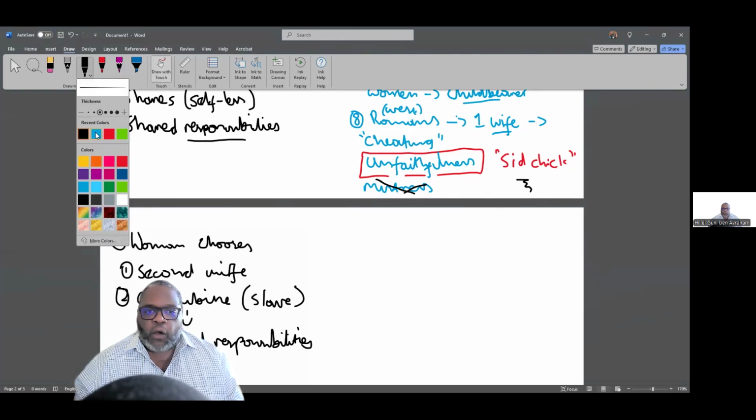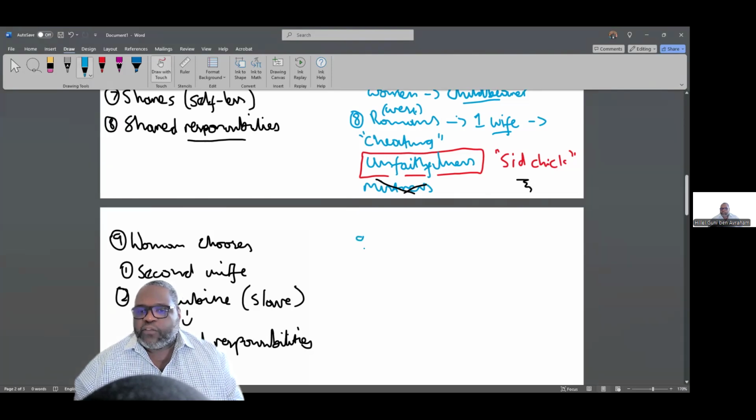In the old Eastern world, there were no washing machines, no dishwashers, no convenience stores, no supermarkets. You had to go out and fetch wood and water. It was a lot of work, and then you still had to come home and satisfy your husband sexually. This was too much. So concubines played a role in that society.